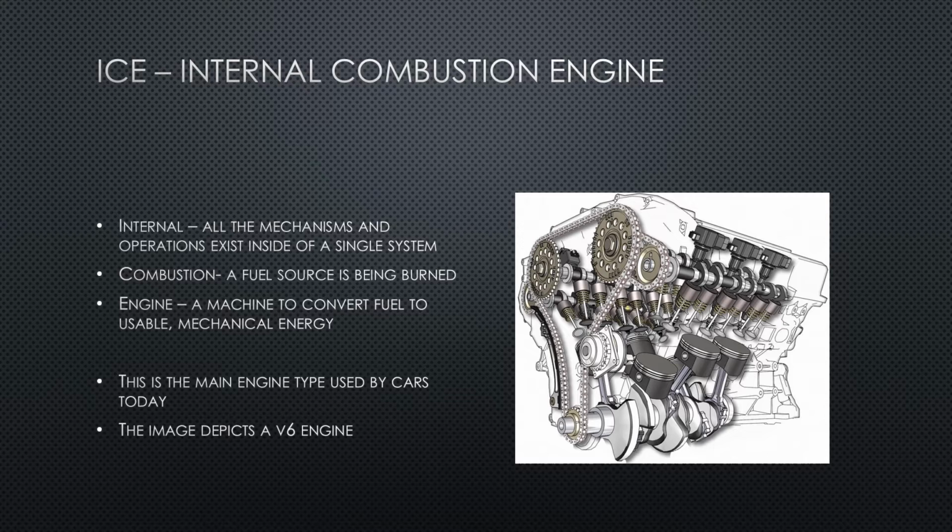And then the second word is combustion. And it's a big word, but it's really simple, right? It just means that something is being burned. In this case, our fuel source is being burned. And then an engine is a machine that converts fuel to usable mechanical energy.